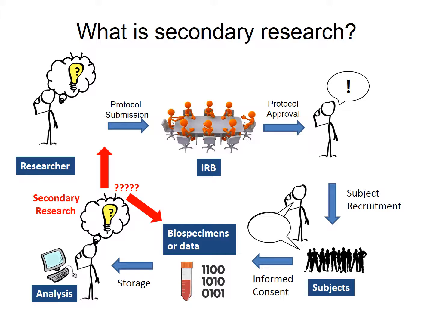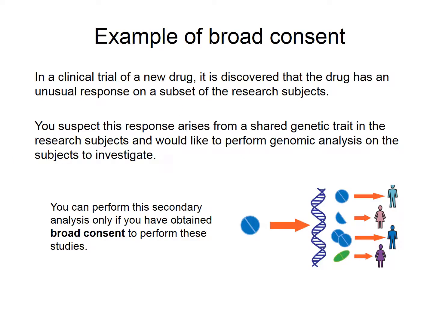Well, if you want to avoid this whole long process of approval, you use a process known as broad consent, and that is what these changes to the common rule that I'm going to be discussing are about.